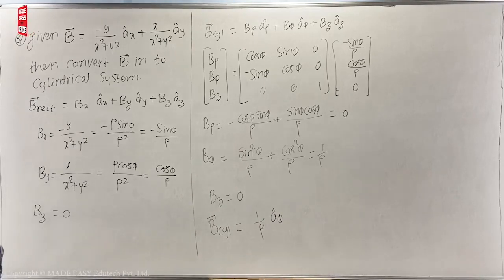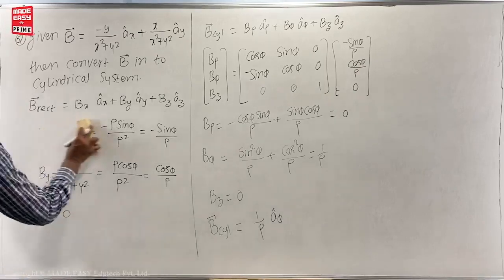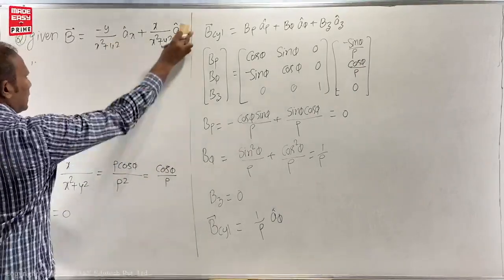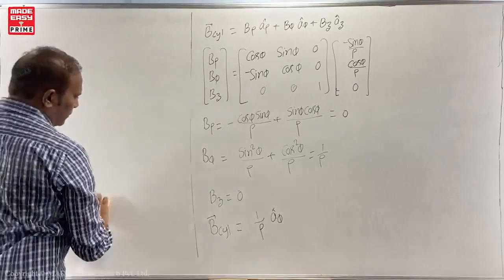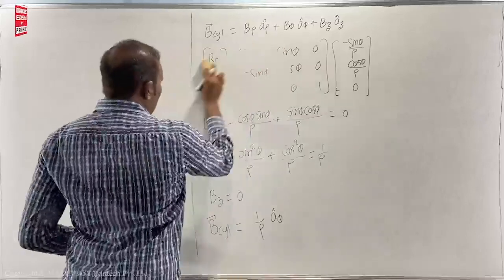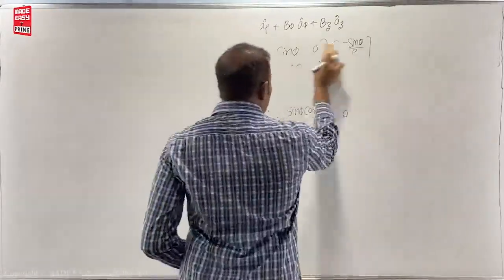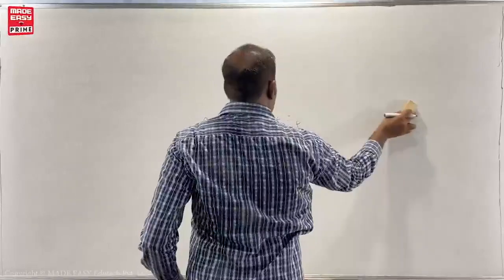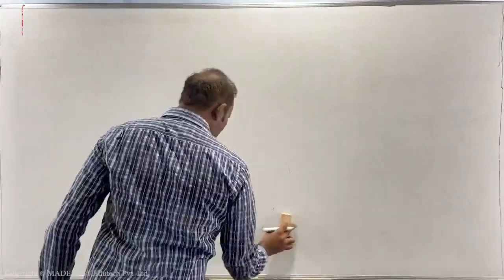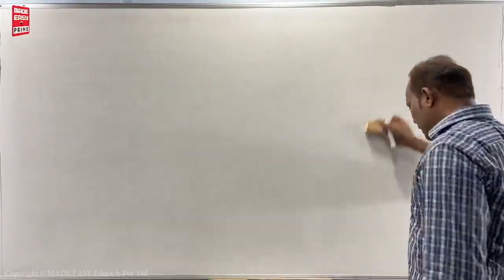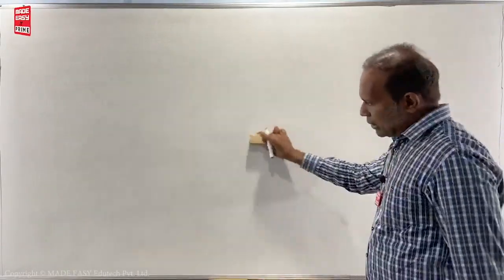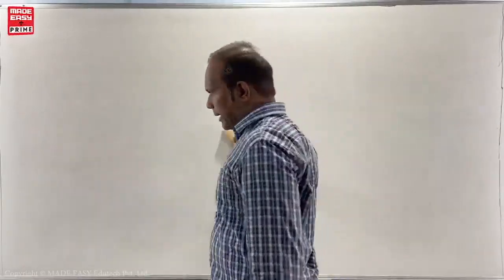So for exams these conversions are not that important, so you do not need to worry too much. For the studying purpose you can study, but for exam purpose not that much useful. Okay, you take the examples and convert, then it feels good, but it is not very important.